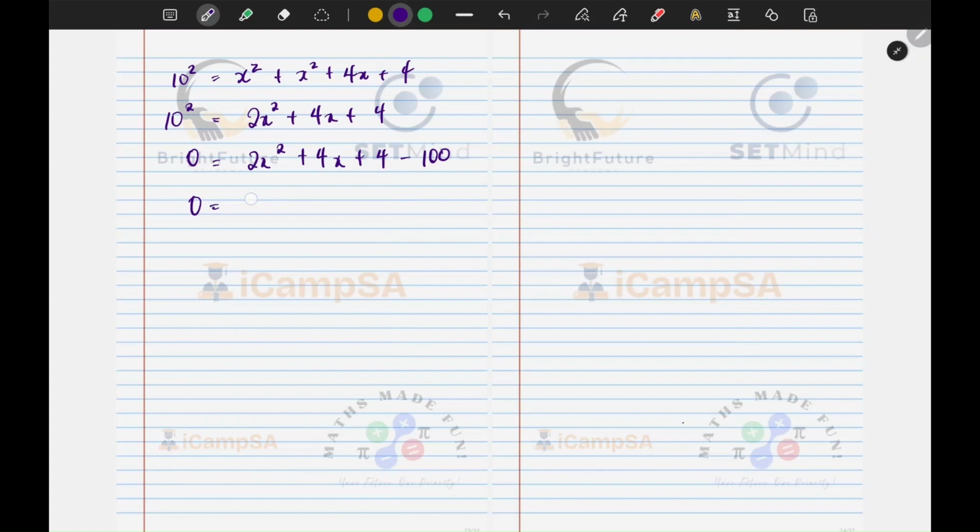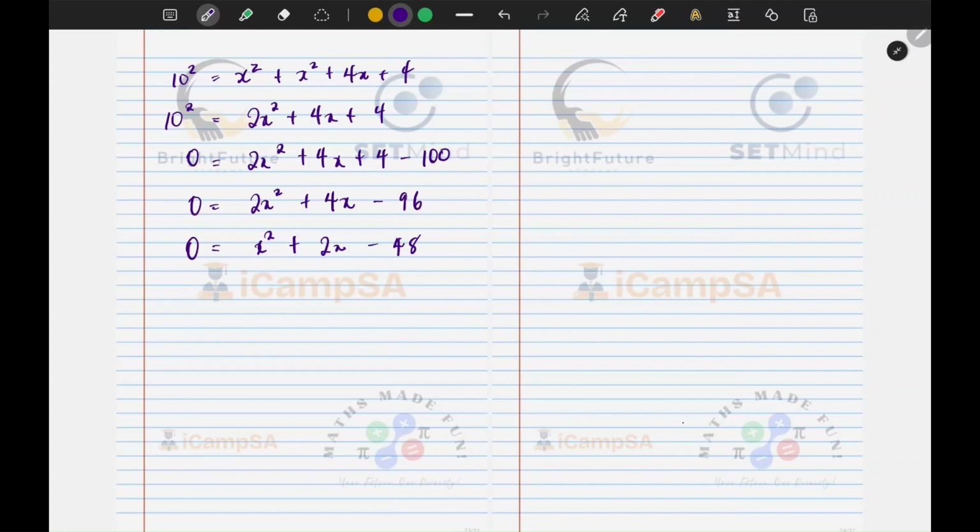This is going to be 2x squared plus 4x minus 96, because 4 minus 100 is going to be negative. And then here we can divide everything by 2. If we divide everything by 2, it's going to be x squared plus 2x, and 96 divided by 2 is going to be 48, so minus 48.